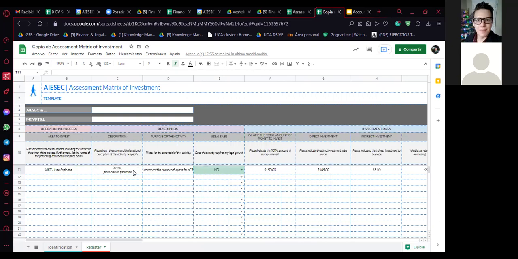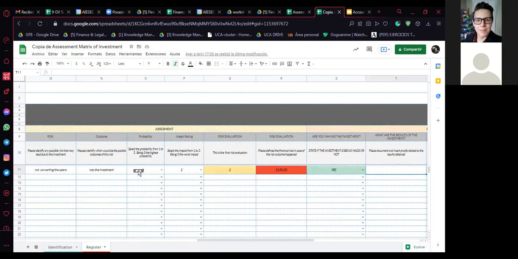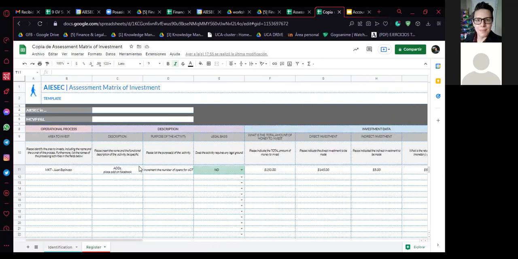If you see, this is not only a step-by-step investment procedure, but it's also a registration of all the investments that you can do. By doing so, you are going to have something to transition.